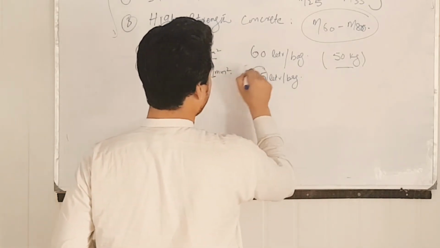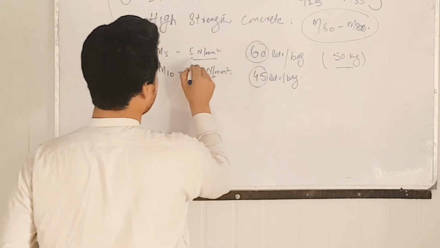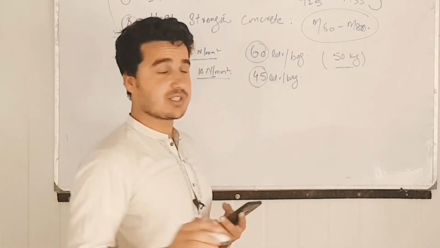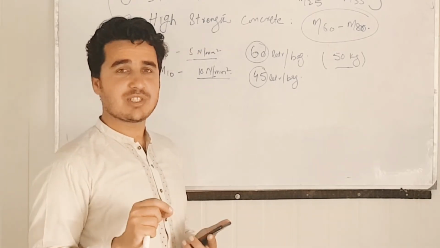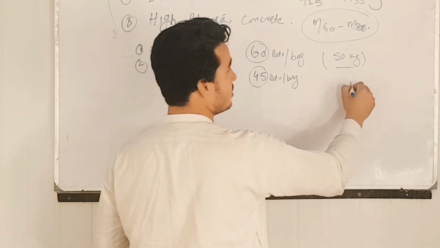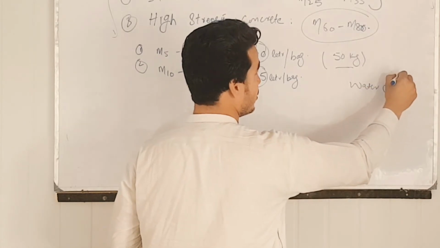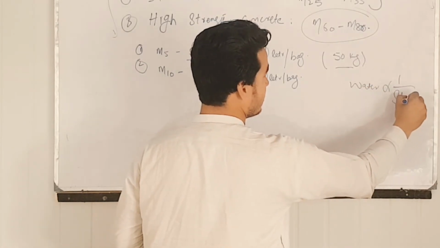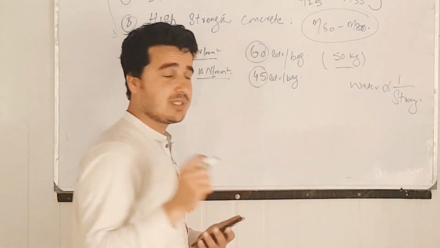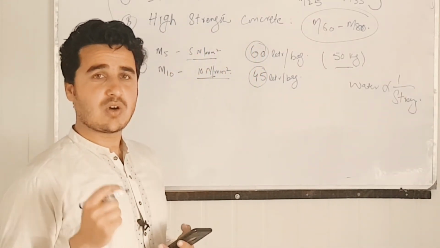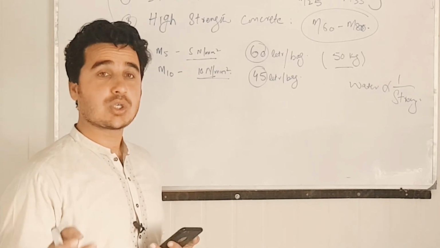Here it is 45, here it is 60, while the strength here is 5 and the strength here is 10 Newton per millimeter square. So one more thing is very much clear, that water quantity is inversely proportional to strength. As the strength increases, the water required for any concrete decreases.